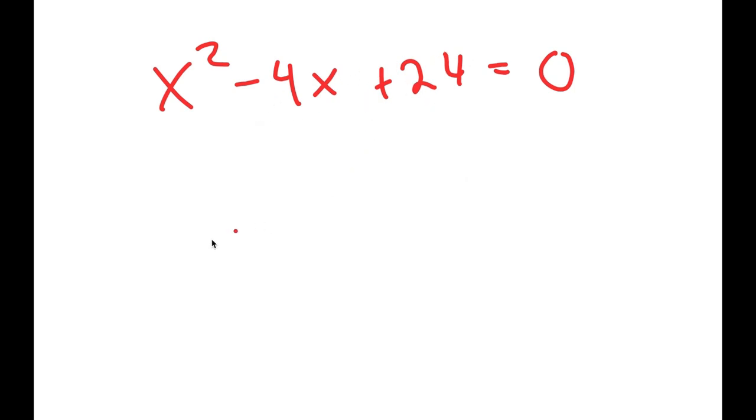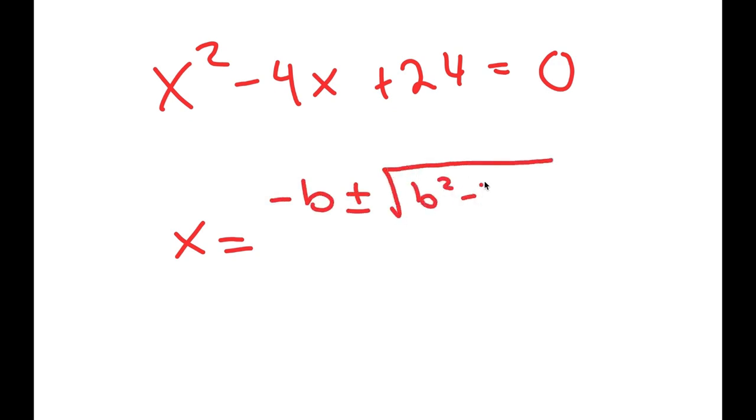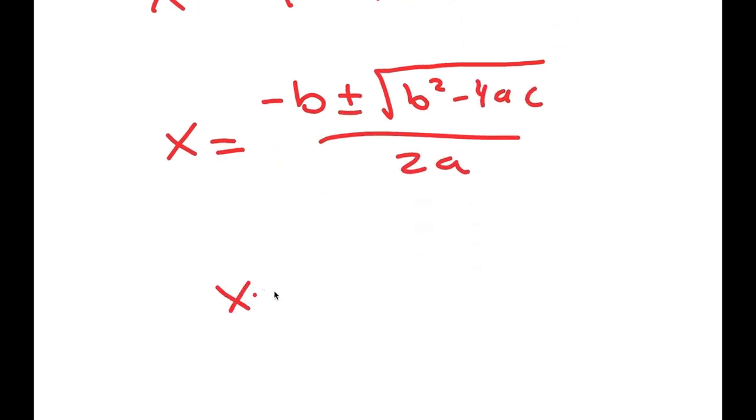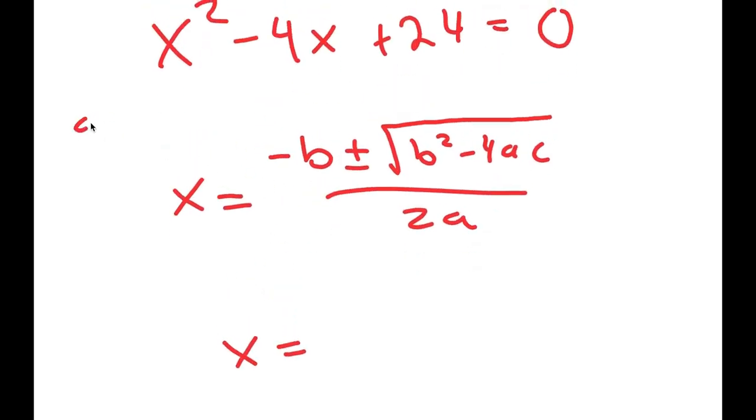Now we have a quadratic equation, so to solve this, I'm going to use the quadratic formula, which is negative b plus or minus the square root of b squared minus 4ac all over 2a. In this case, a is 1, b is negative 4, and c is 24.